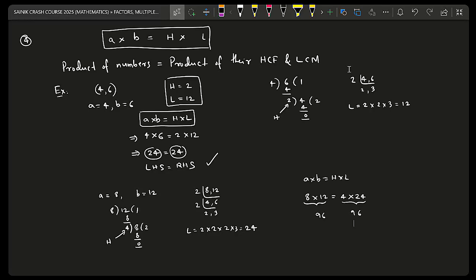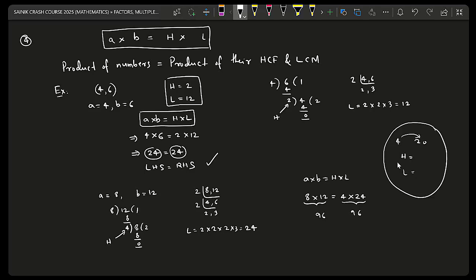Okay, I'll give one more example for you. Let's take 4 and 20. Can you tell me what is their HCF and what is their LCM? See, Aditi, is 4 a factor of 20?